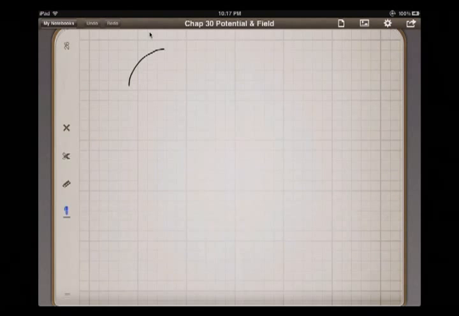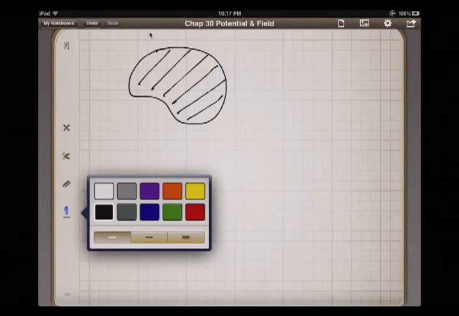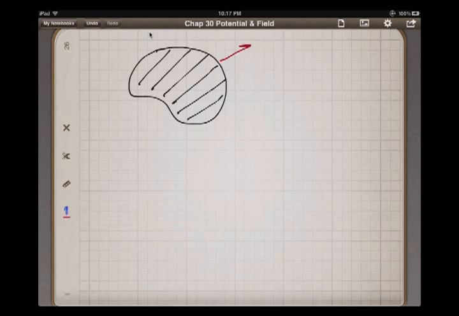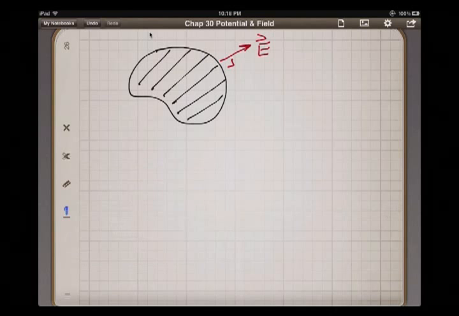Let me illustrate these last two properties. Since the conductor has a value of the potential that is constant everywhere, particularly on the surface, the electric field at the surface must be perpendicular to it. The other property is that if you draw equipotentials near a conductor, the equipotentials are going to have the same shape as the surface of the conductor.